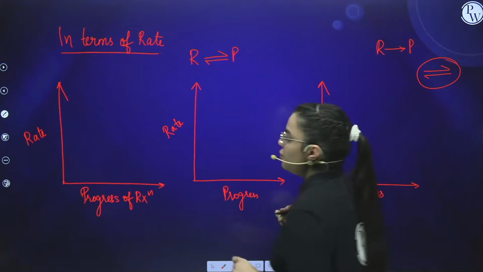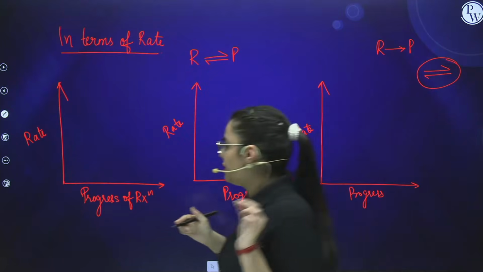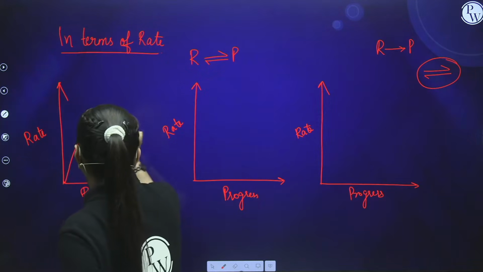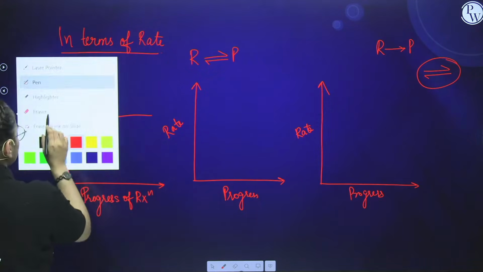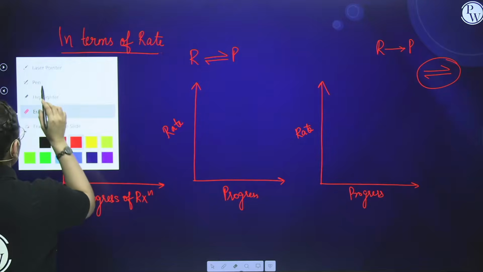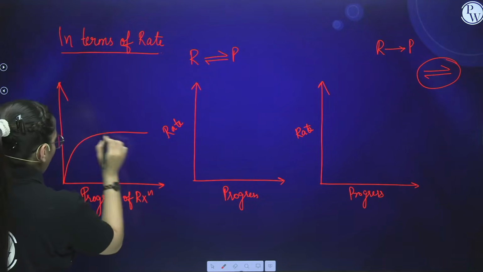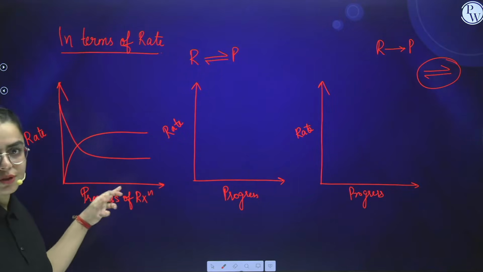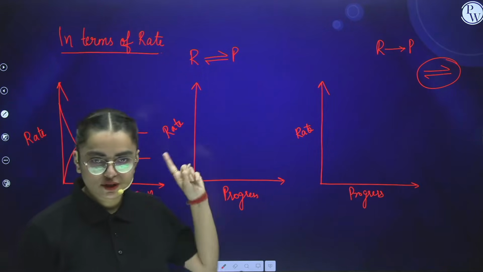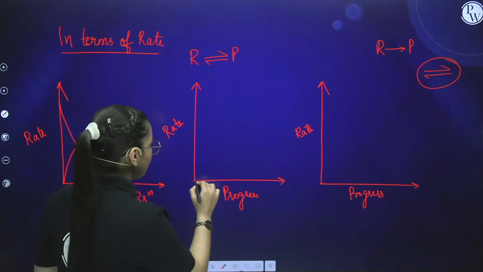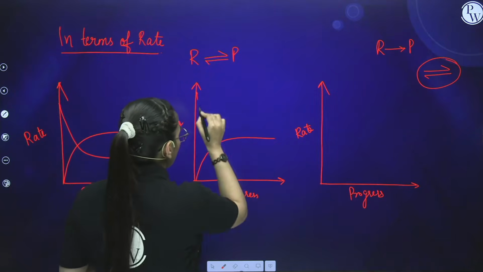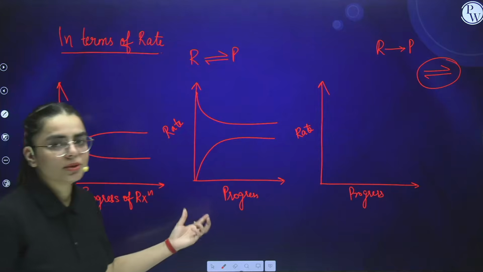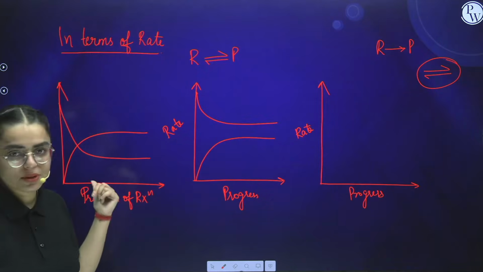Okay, students, now we have 3 graphs. Let us see the very first graph. This is your very first graph, just similar to the previous one. Now comes the second graph. This is similar to the second graph that you have seen in the previous case.